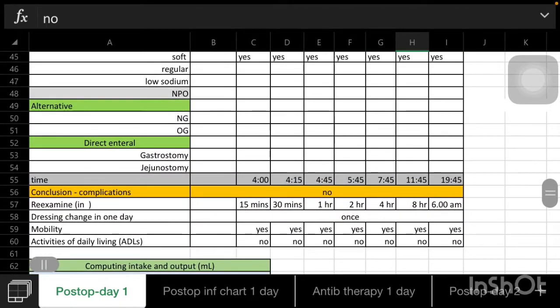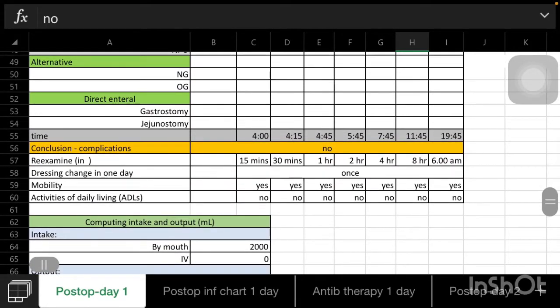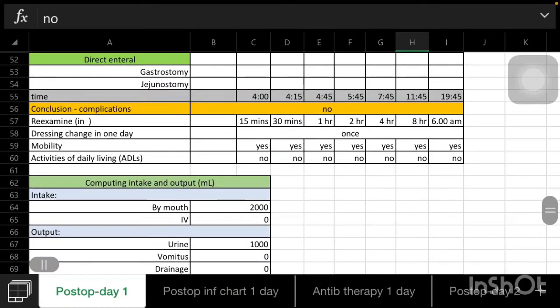NG and all is not needed, as the patient will be discharged by the evening. No complications, and re-examination is done throughout the day, as said prior in the video, and the dressing is changed once. There is mobility, but not yet mobility of activities of daily living.